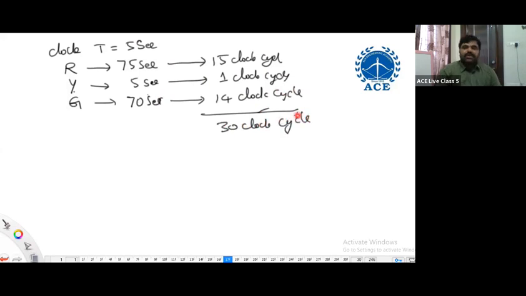To count 30 clock cycles in each cycle, I need to design a mod 30 counter.